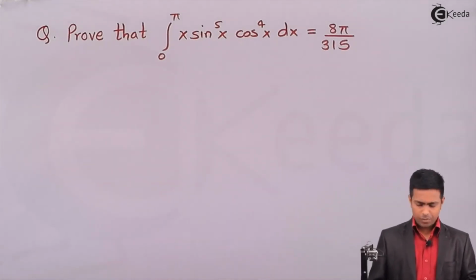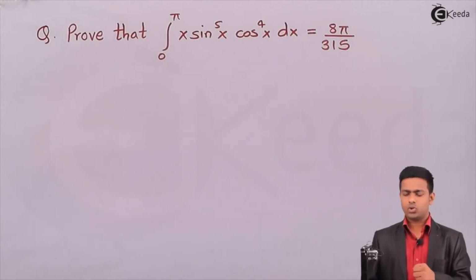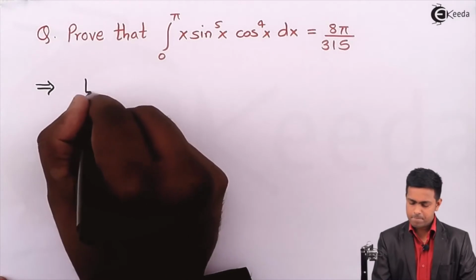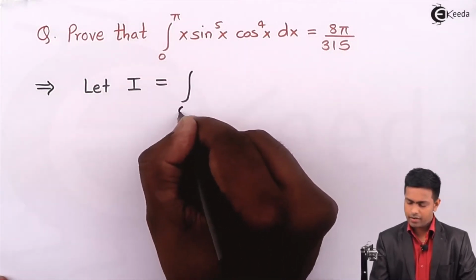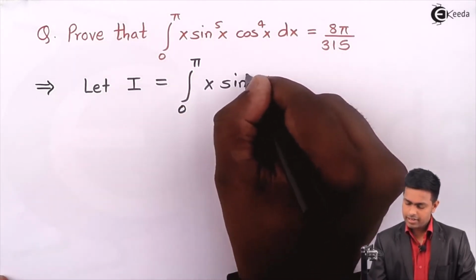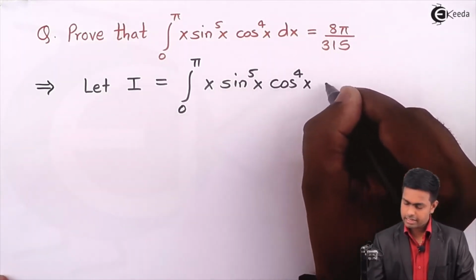So guys, let's start. See here how I am selecting the different properties of definite integral to solve this numerical. First of all, let the integral be I equal to integration from 0 to pi of x sin^5 x cos^4 x dx.